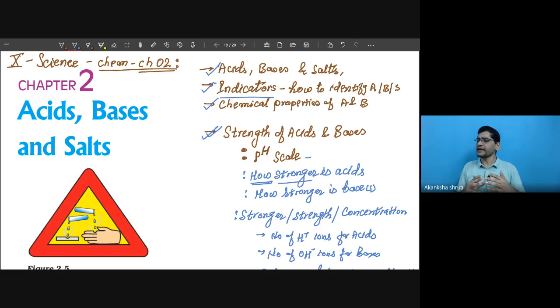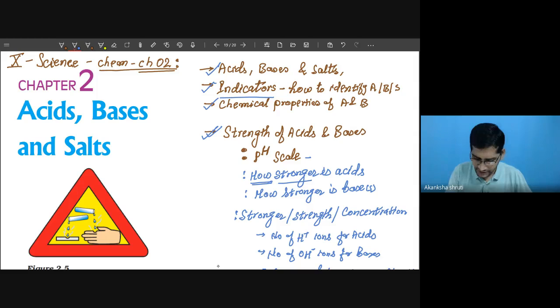More H plus ions will have one pH value, and fewer H plus ions will have some other pH value. So this pH scale is a range of numbers which tells the concentration or number of H plus ions or OH minus ions. You can give it in terms of either H plus ion or OH minus ion.